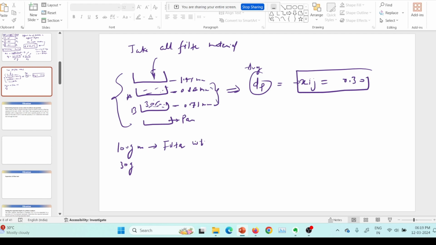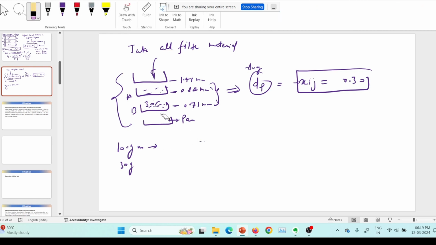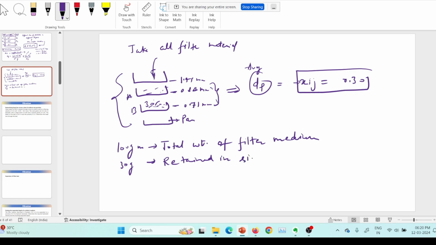So 100 grams is the total weight of the filter medium. 30 grams is retained in sieve B and passed from sieve A. So for this, the average particle size we are considering as dp.